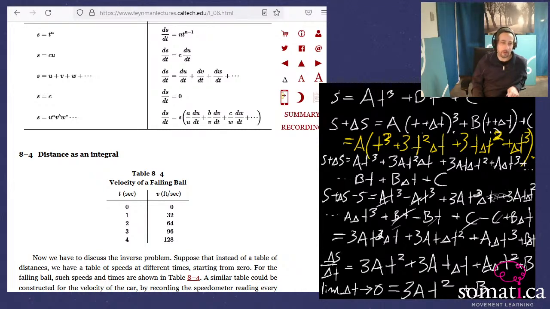The last one's the chain rule. I always forget the chain rule.